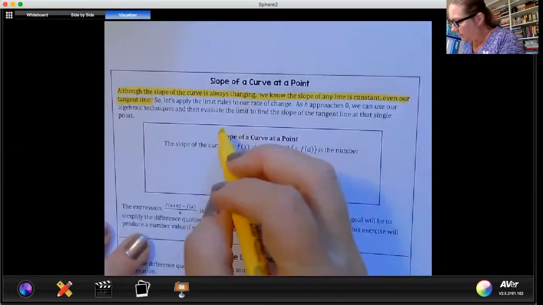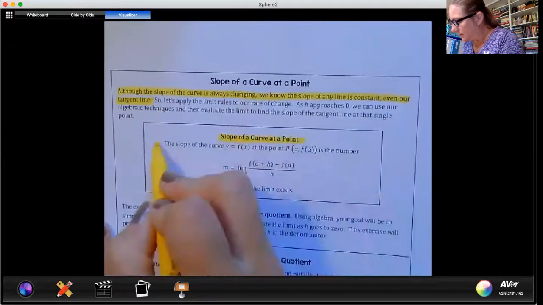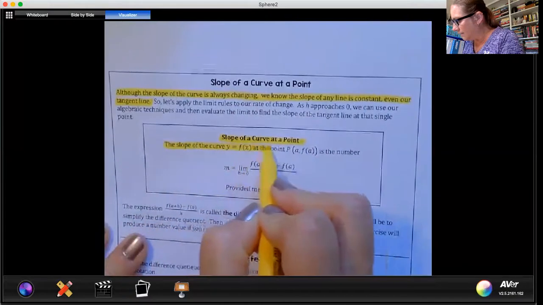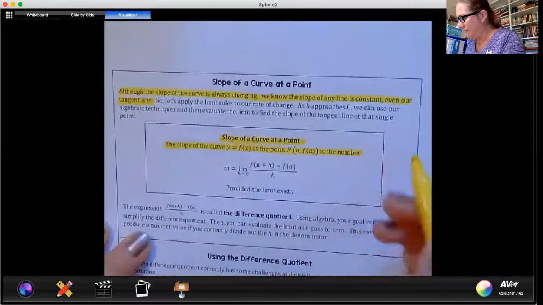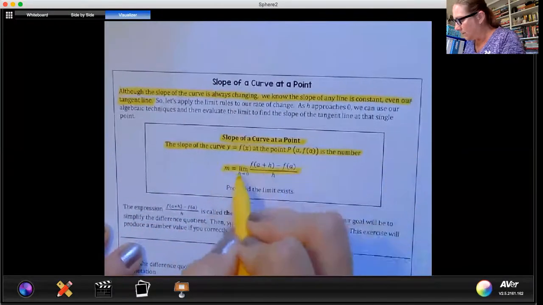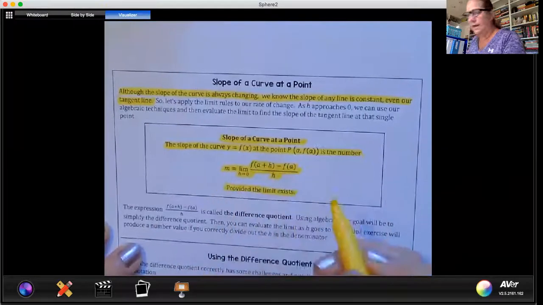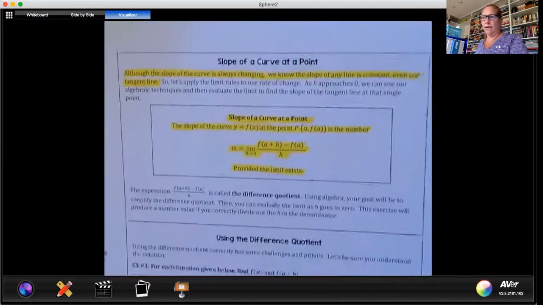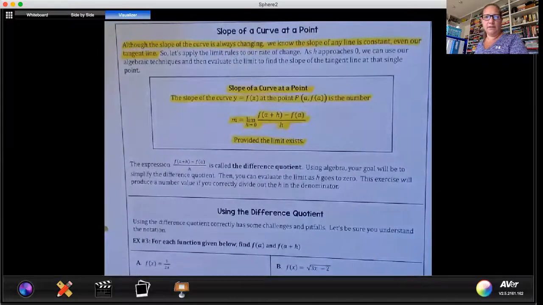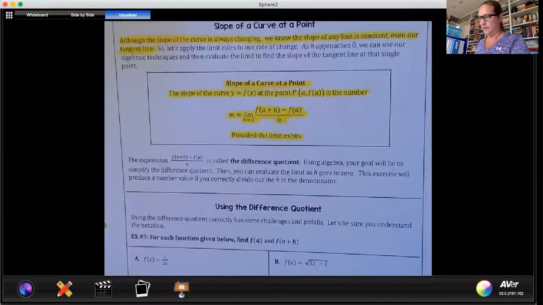So the slope of the curve y equals f of x at the point P, A, f of A, is the slope, that's your lowercase m, is the limit as h approaches 0 of f of A plus h minus f of A over h, provided that the limit exists.